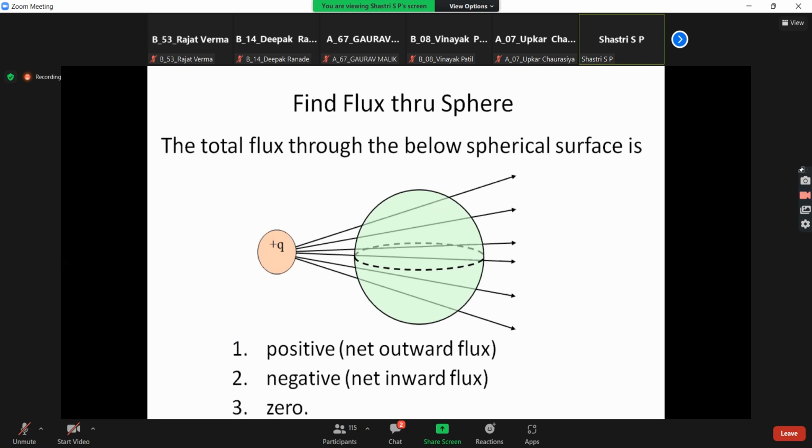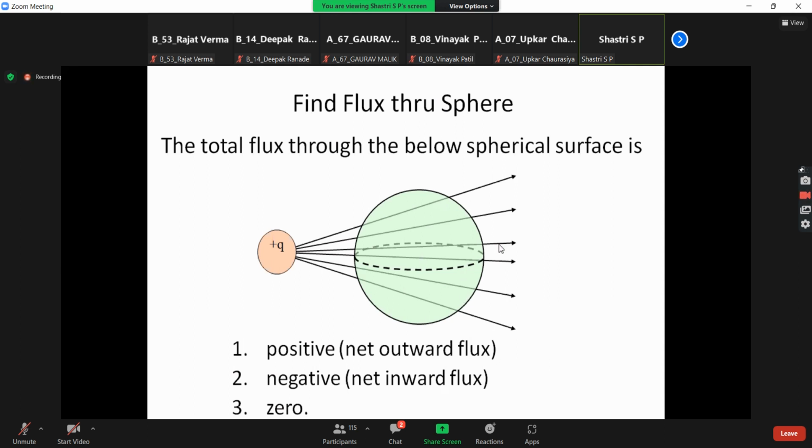Find flux through sphere. Okay, so there is a charge which is outside this sphere, right? And this is the charge which is radiating out the flux. So we are considering only that part of the flux which is moving towards the sphere. Otherwise, remember that this charge is going to radiate out the flux in all possible directions. But we are interested only in the analysis of this closed surface.